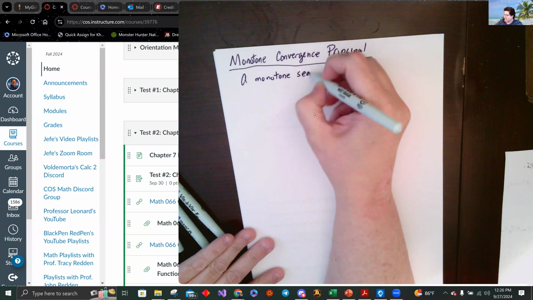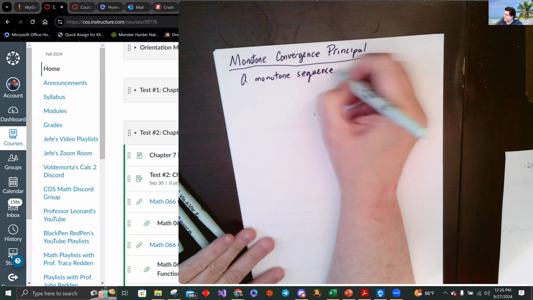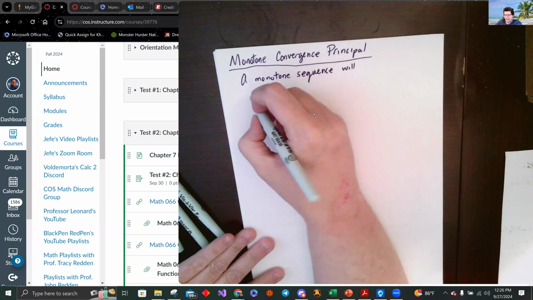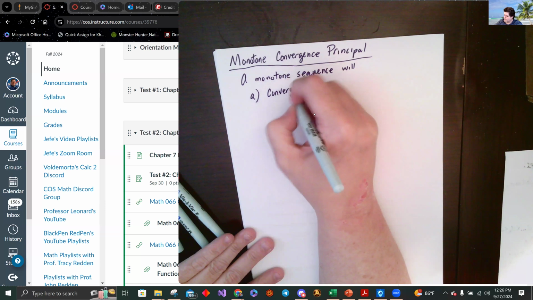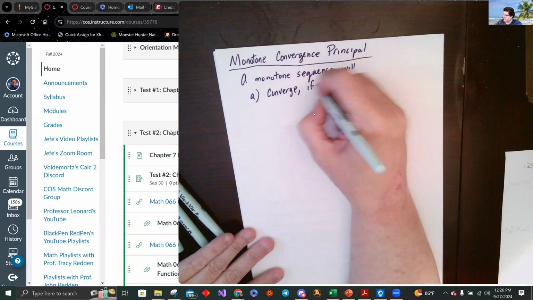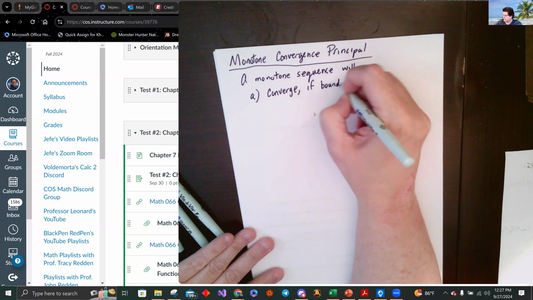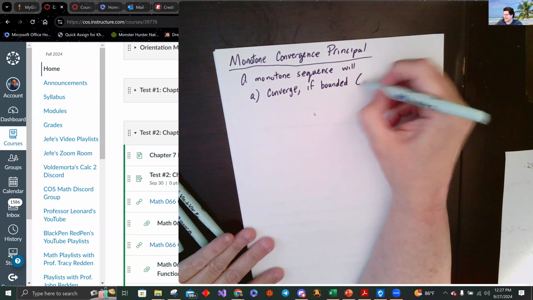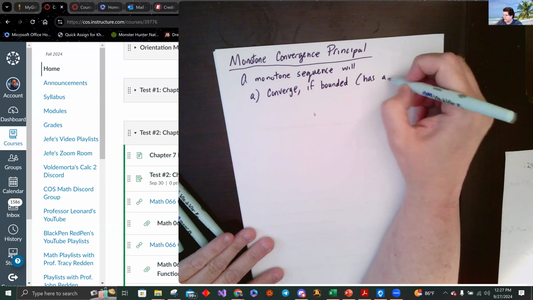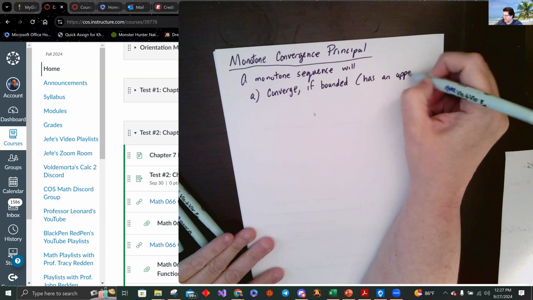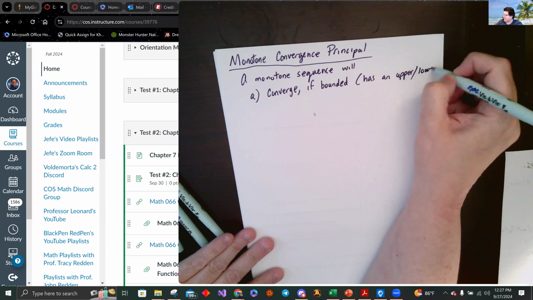A monotone sequence will A converge if bounded, which means has a limit, an upper or lower limit depending on what the setup is.